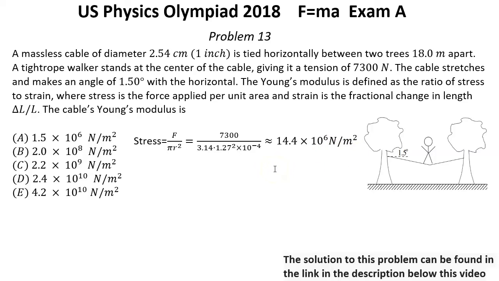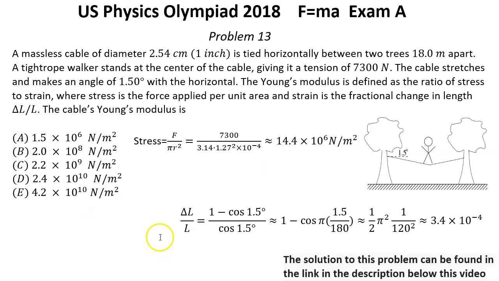Next, we have to find what is strain. Strain we can find from simple geometry, so we have dl over l equal to 1 minus cosine theta over cosine theta.